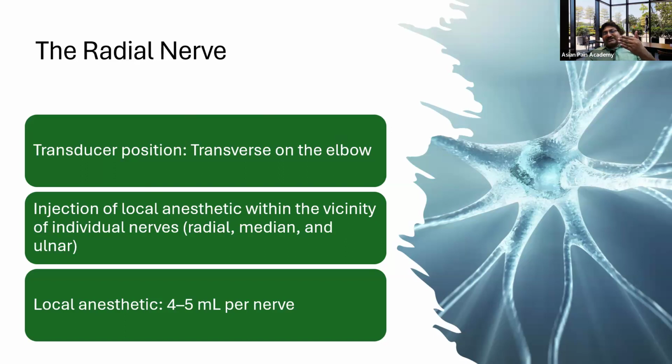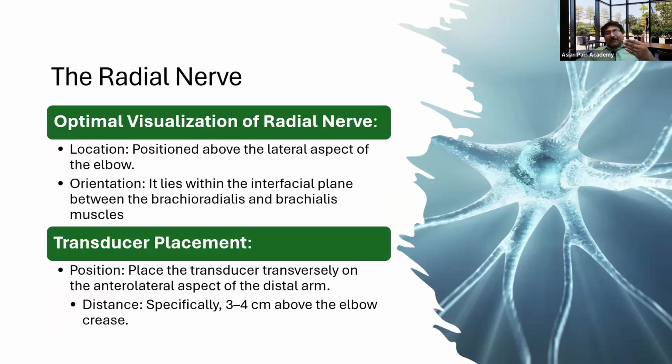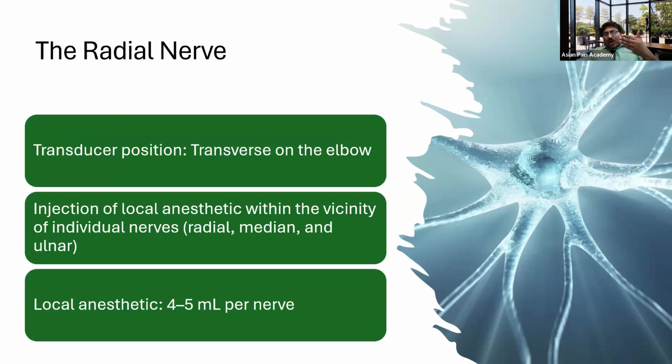After seeing this wavy margin of the lower part of the humerus, we have to slightly move up and focus on two important muscles. Number one is the brachioradialis, which will be at the side, and the other is the brachialis, which will be at the center. These are very important landmarks to find the nerve.